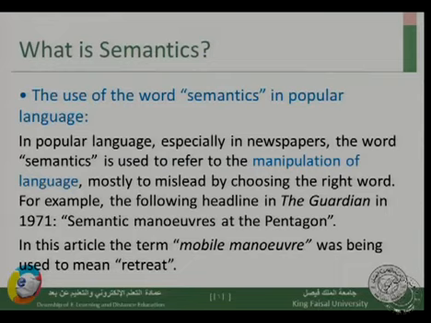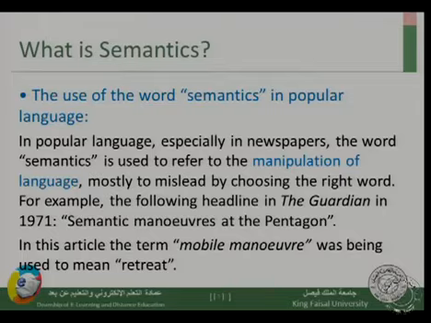Semantics is also used in popular language. It is used in newspapers, but the use is different than what we use it as linguists. So in popular language, especially in newspapers, the word semantics is used to refer to the manipulation of language. So you use a word instead of another word to manipulate the reader or the listener.